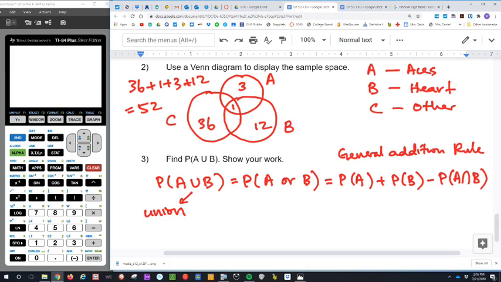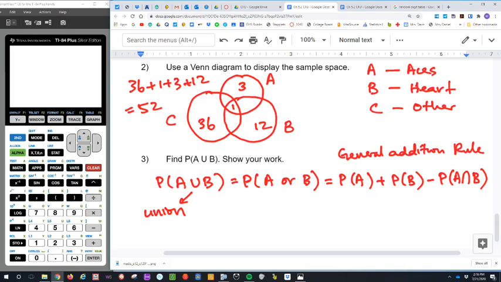And A intersect B can be written as A and B. So it's like an event that happens in both A and in B.